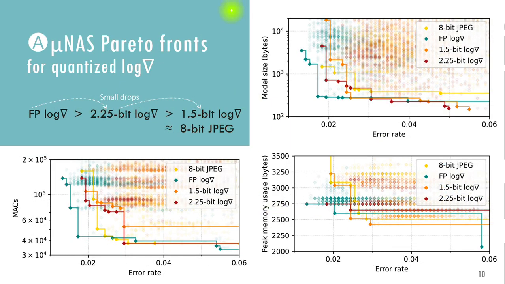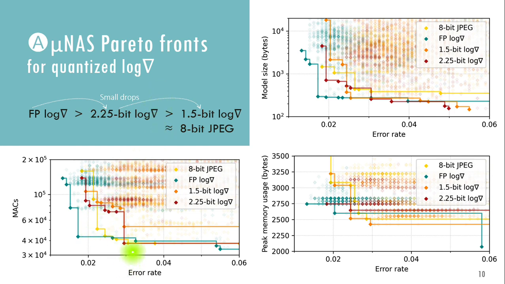Now let's look at the quantization. We decrease the precision drastically from floating point to 2.25 bit and then to 1.5 bit. The performance drop is not that high, as expected.